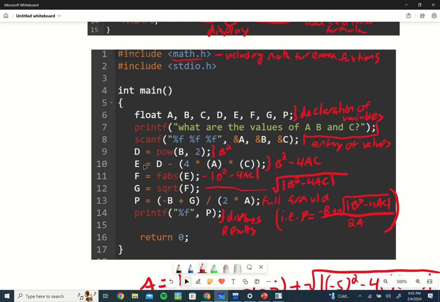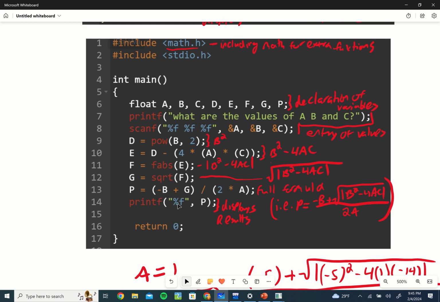And after that, I used E to get the stuff inside the square root and the absolute value. I used F to get the absolute value, which has to be floated. And then I used G to take the square root of F. And then I used P to get the full formula. So negative B plus the square root of B squared minus 4AC over 2A. And then print the results and end it.